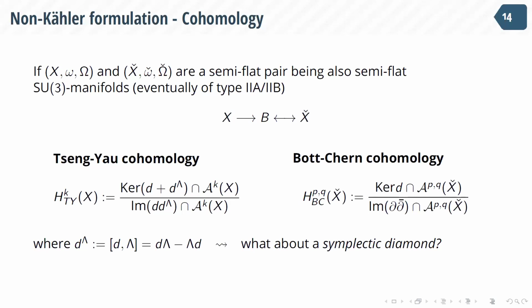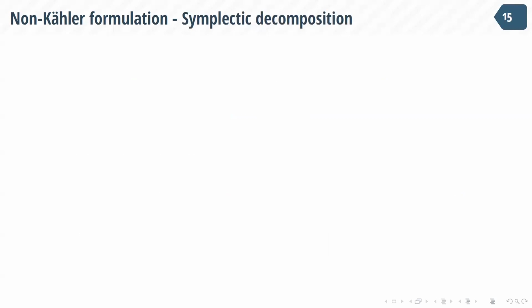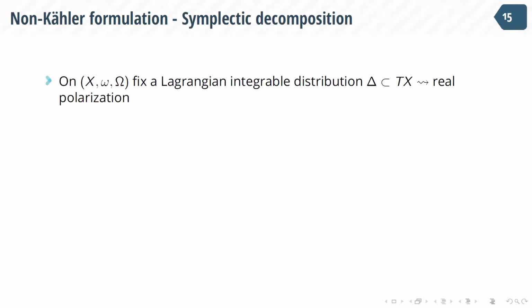But since we want to have the analog of mirror symmetry, we would like to have a notion of non-Kähler diamond. For the complex side, we already have a PQ decomposition, but what about a symplectic diamond? In order to do so, we can define a symplectic decomposition by fixing a Lagrangian integrable distribution, denoted with delta, inside the tangent bundle of the symplectic manifold.